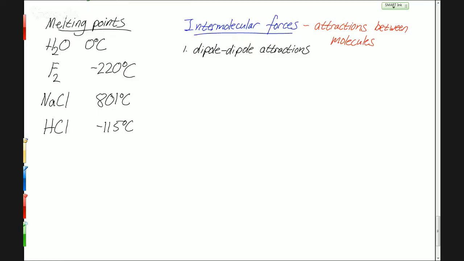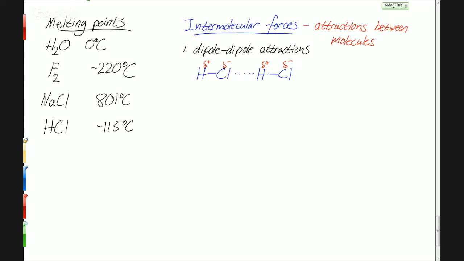So if we look at a molecule like HCl, H and Cl have a difference in electronegativity. So we have a partial positive on the hydrogen and a partial negative on the chlorine. Another HCl molecule can then line up with this, so that the positive from the hydrogen lines up with the negative from the chlorine, and they can make a big chain like this.